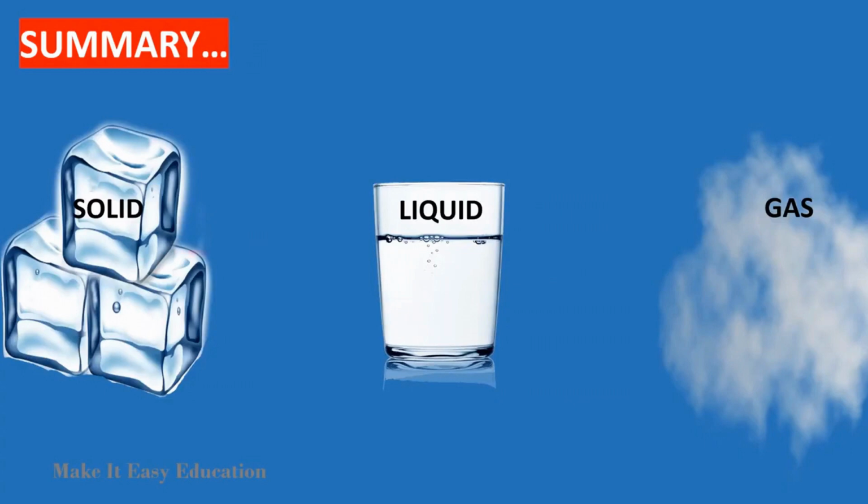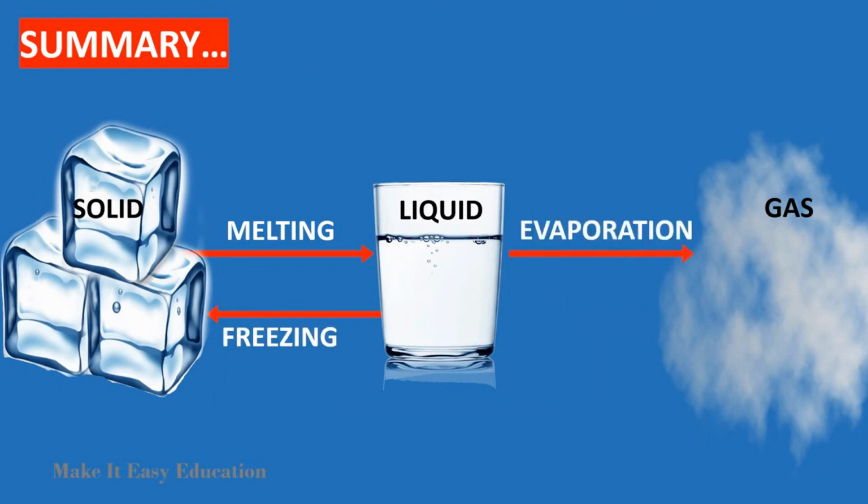Okay, so in summary, we can see solid to liquid melting, liquid to solid, that is freezing, liquid to gas, that is evaporation, and gas to liquid, that is condensation.